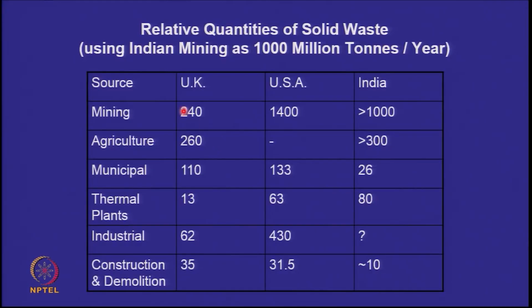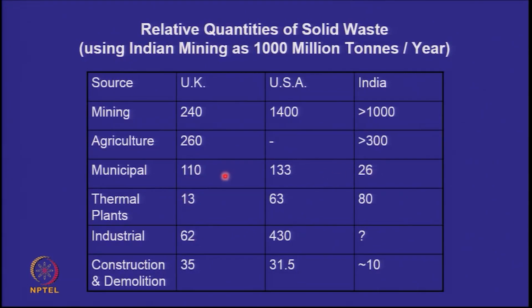So, and if you look at the US, again, just see. So, it's an industrialized country. Have a look at this, much larger than this. In UK, again, municipal is more than industrial.